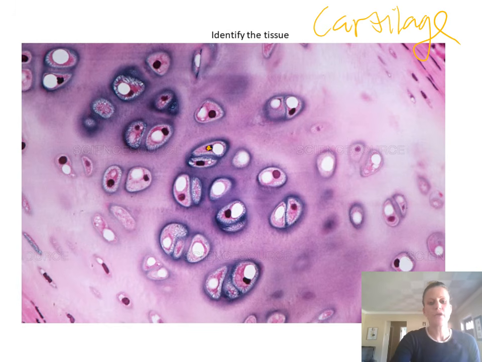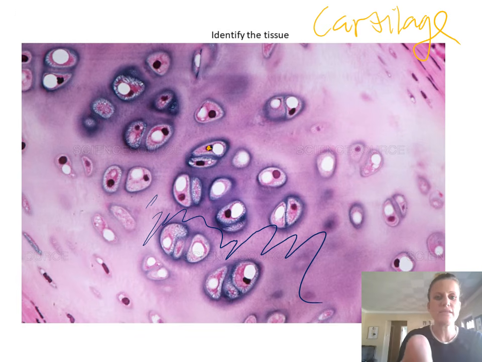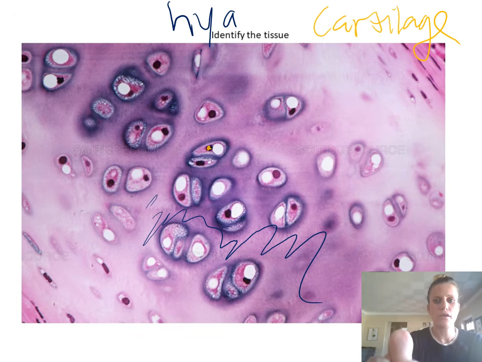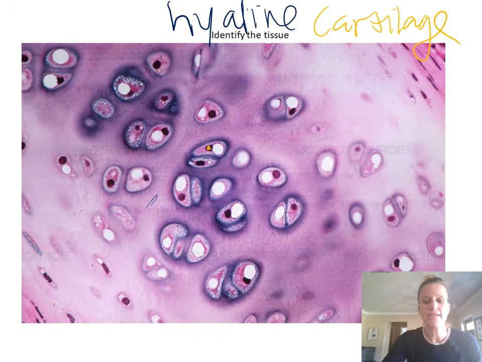Notice how pretty and glossy all of this is out here. You don't see the protein fibers. That means that this is hyaline cartilage. It actually does have protein, but it also has these crystals in there that kind of cover it up. So it's nice and pretty and smooth and glossy. That is hyaline cartilage.